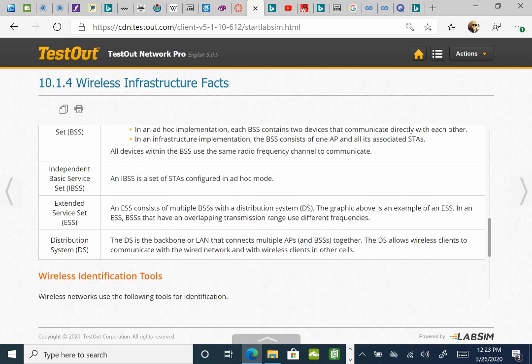Those would all be areas or basic service set identifications for those areas, and they would all tie in to the North Campus ESS. And we'd also have the South Campus ESS, and both of those would be part of the whole EAC distribution system.